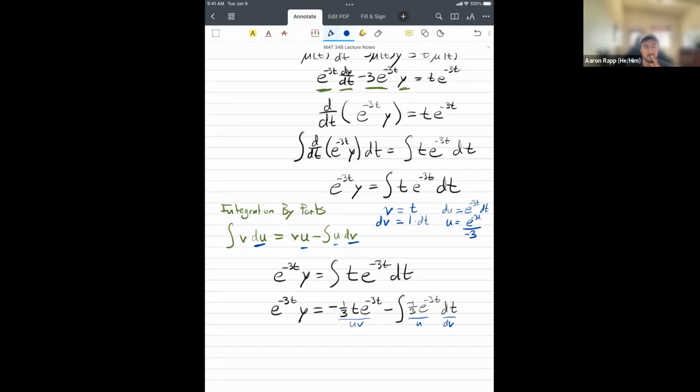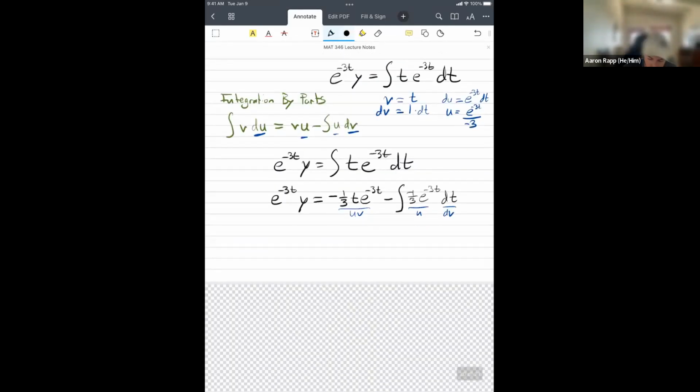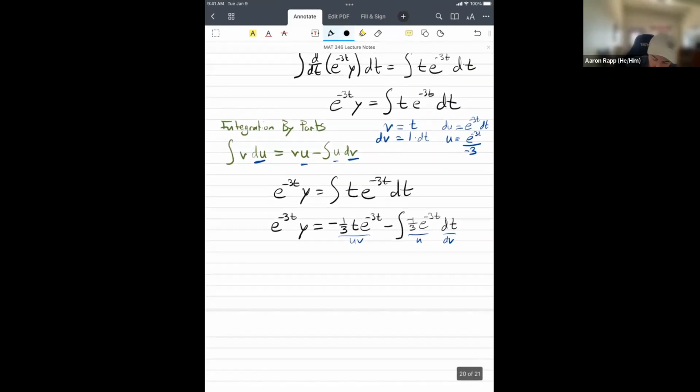Well, hey, the integral on the right-hand side's actually gotten a little bit easier now. Just doing some rewriting. I get e to the -3t times y is equal to -1/3 t e to the -3t, nothing there. But one of my integration rules is I can pull out constant multiples. So I can pull out that -1/3.